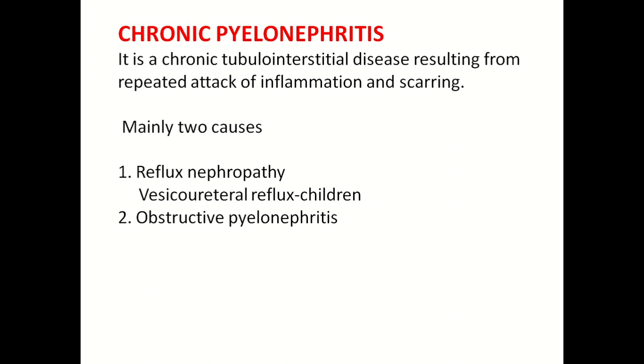There are two main causes: reflux nephropathy, meaning vesicoureteral reflux, mainly seen in children, and obstructive pyelonephritis in case of renal stone or aberrant blood vessels, which lead to obstruction of the ureter, and urine may back up into the kidney substance, irritate it, and lead to chronic inflammation.